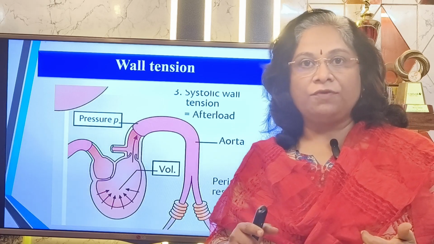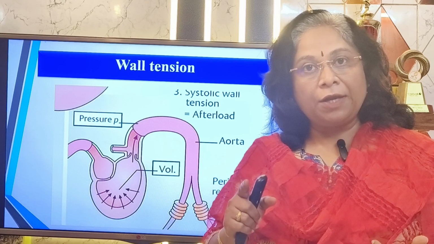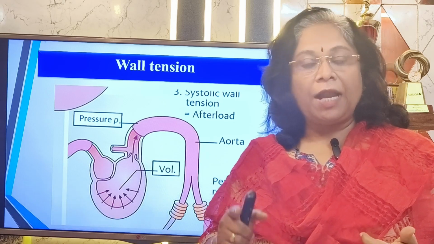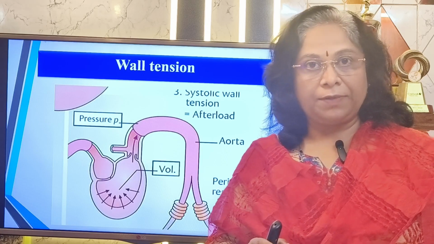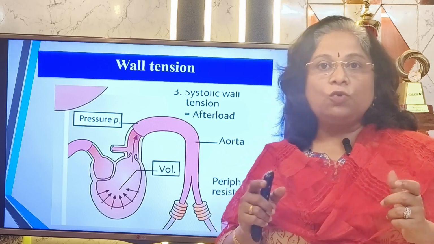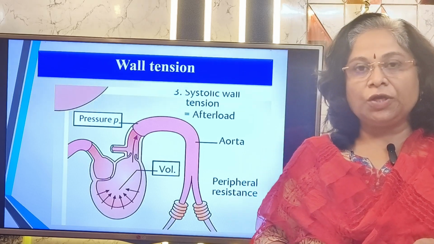And reduction in the afterload will ensure the complete emptying of the ventricle, thereby reducing the left ventricular pressure and therefore reducing the wall tension and therefore reducing the oxygen demand. So here, these two classes of drugs can work wonderfully to reduce wall tension on the heart.